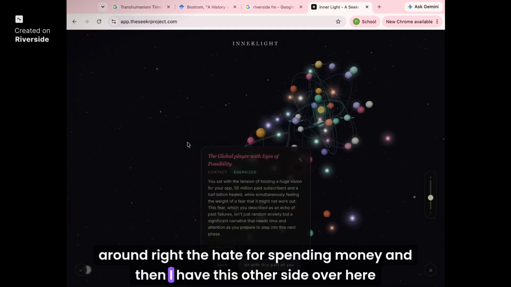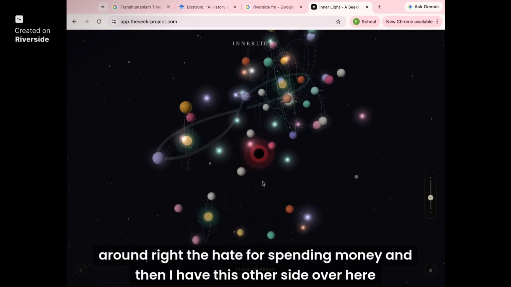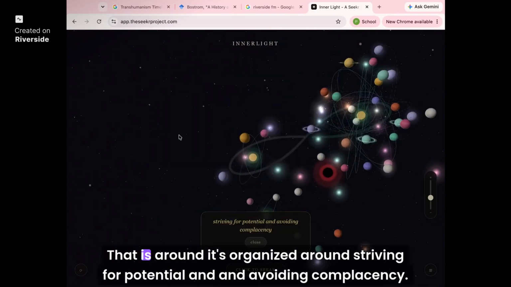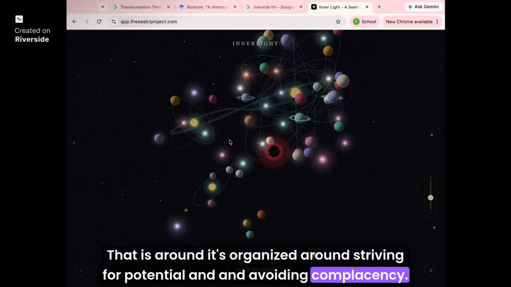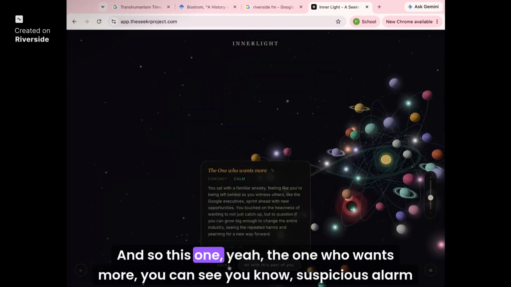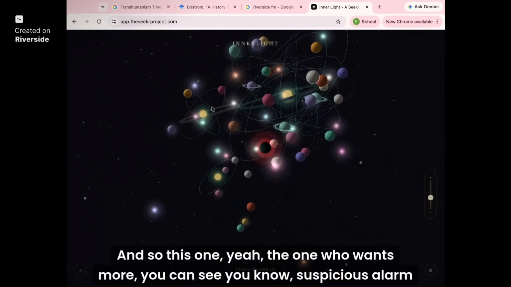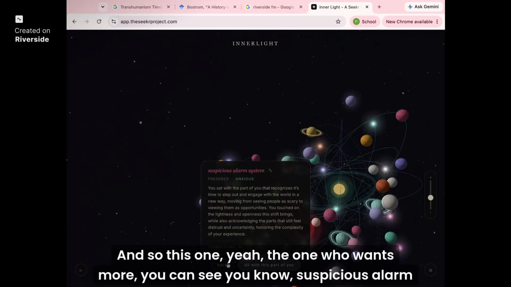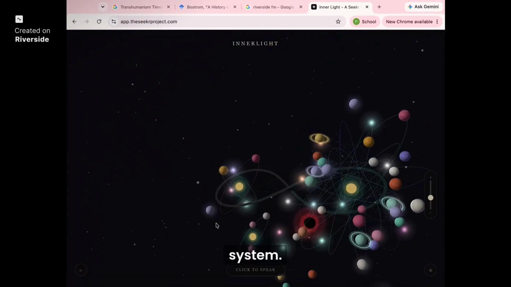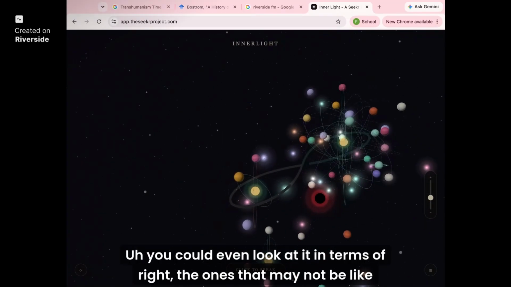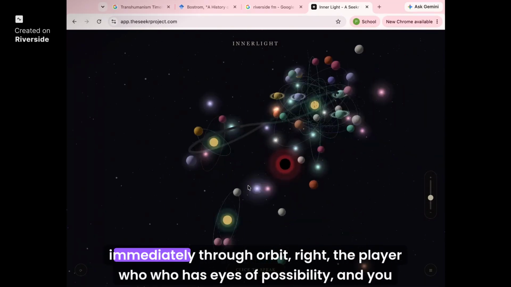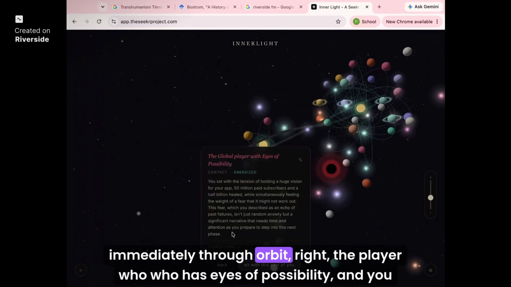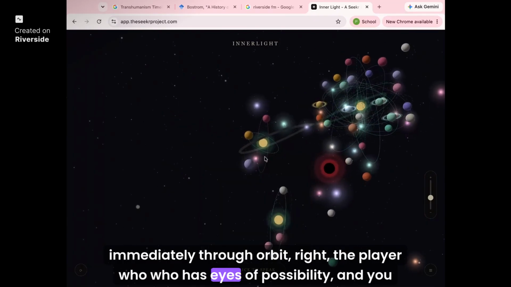Then I have this other side over here that is organized around striving for potential and avoiding complacency. This one is the one who wants more. You can see the suspicious alarm system. You could even look at the ones that may not be immediately tied through orbit, like the player who has eyes of possibility.